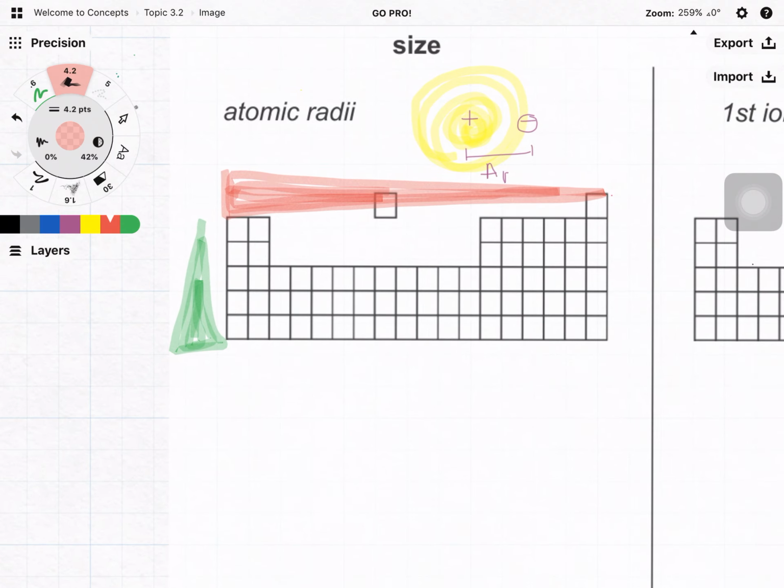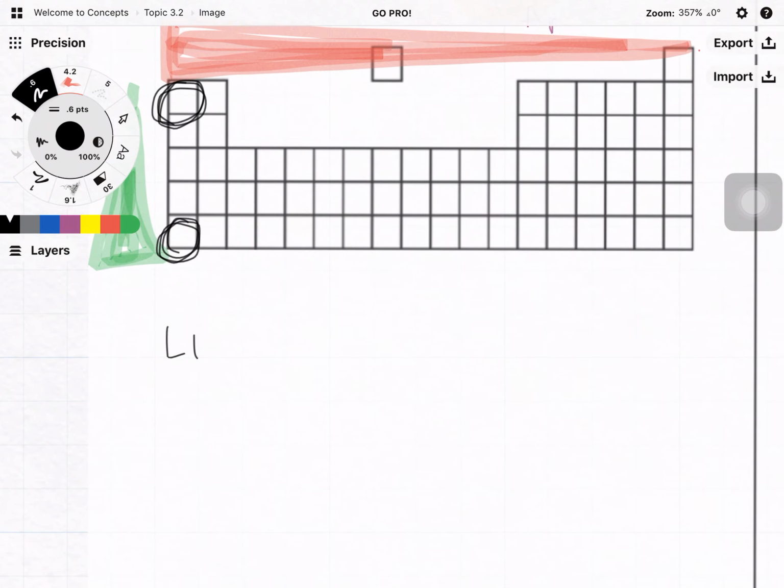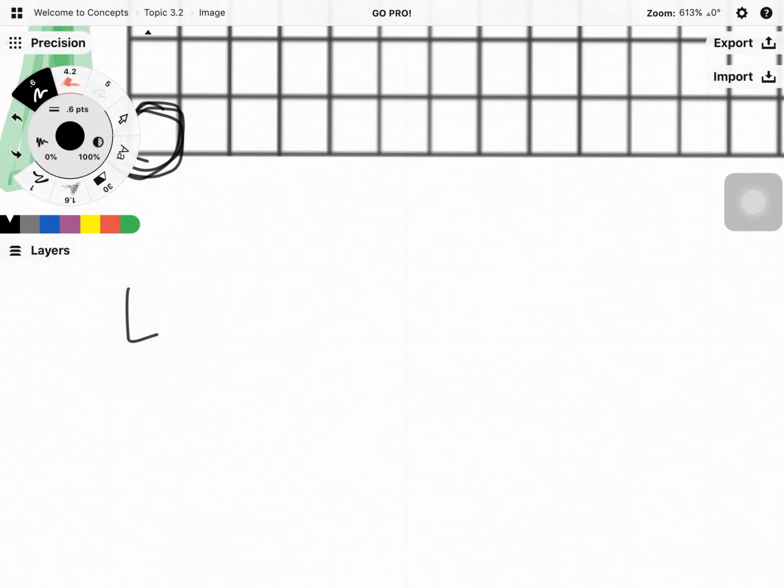To do that, let's select two elements. So let's select this one right here. So this is lithium, and this one right here, this is cesium. So if we were to draw lithium and cesium, we know that the electron configuration of lithium is 1s2 2s1.